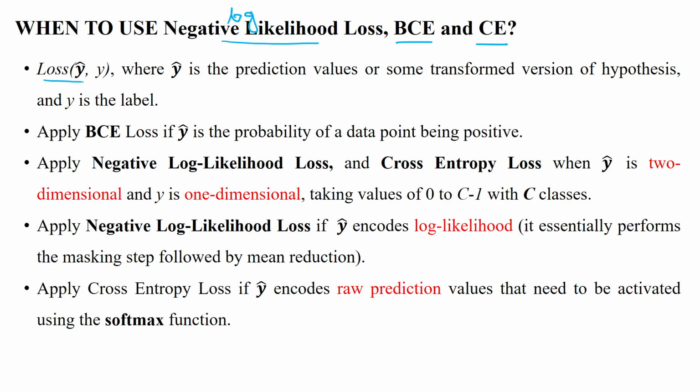Loss would be calculated between the predicted output and actual output of each and every sample. Whenever the probability of the given sample is positive, then we can go for the binary cross entropy loss function. Here the y cap is calculated as a positive value.